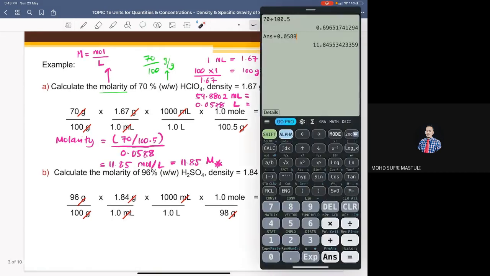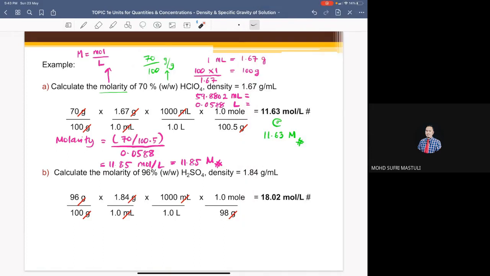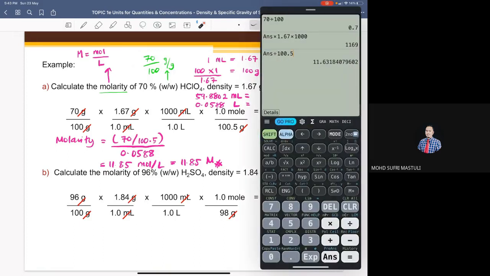We try 100 times 1000 over 11.6. But why is my answer slightly different?